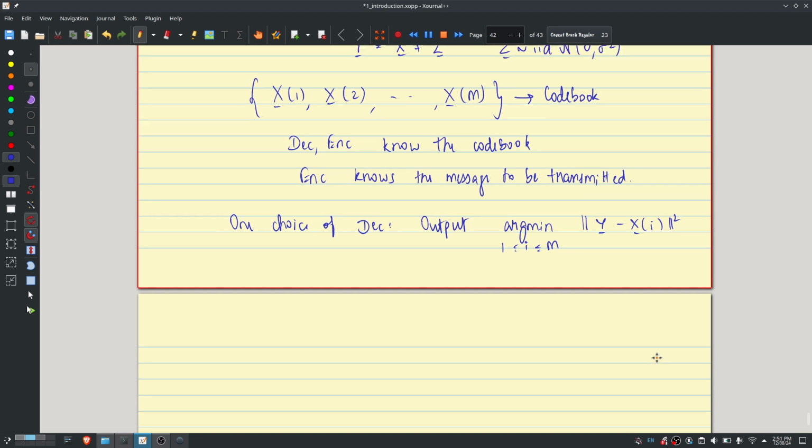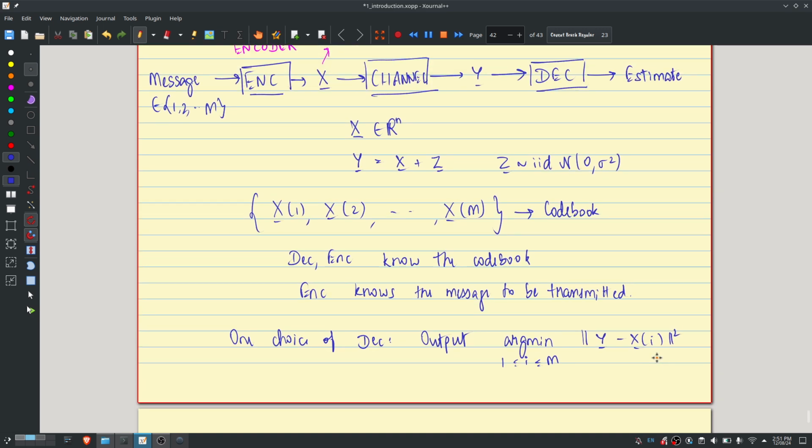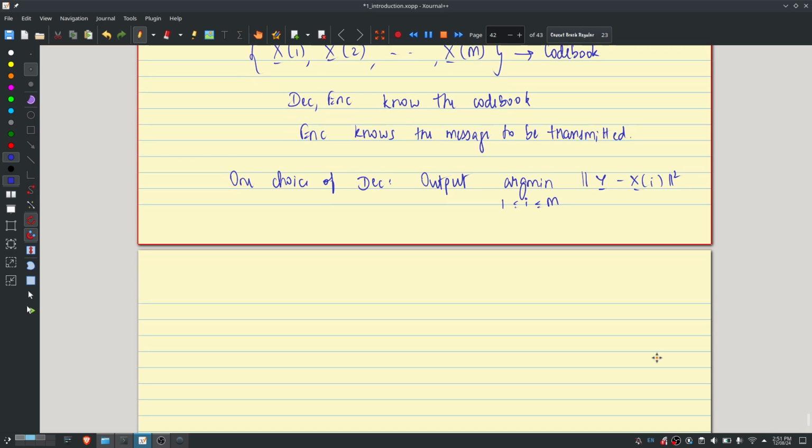Okay. So in addition to this, the code book sometimes also has to satisfy an additional constraint like a power constraint. So we'll also impose that.